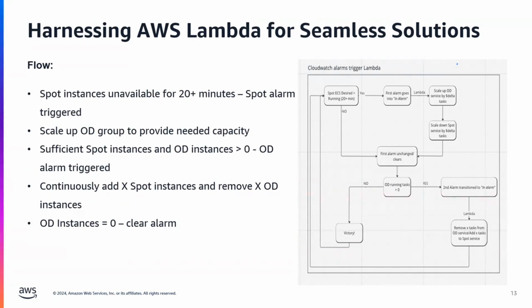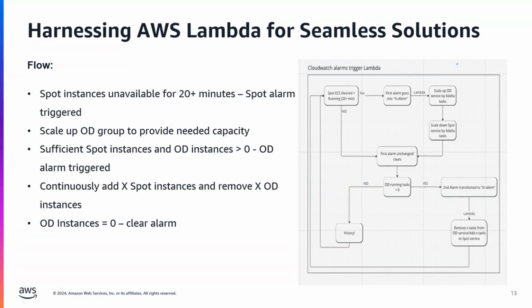And then as long as we are running more than zero for the on-demand capacity provider, we re-trigger and remove an X amount of instances. In our case, we've tried with 2, with 5, with 10. It doesn't matter, whatever works for you. But each iteration, we try to run the missing instances on the spot capacity provider.